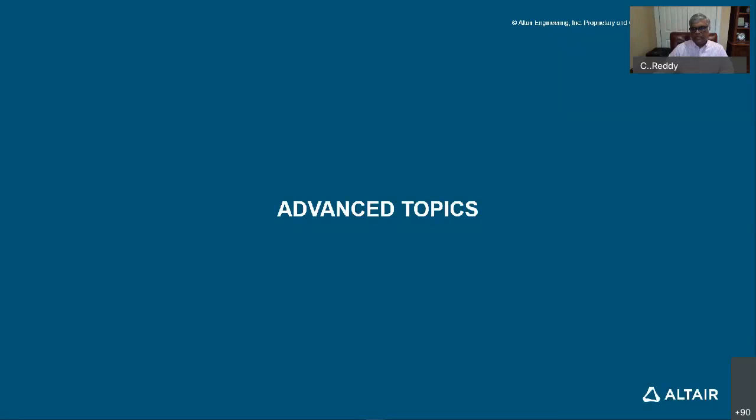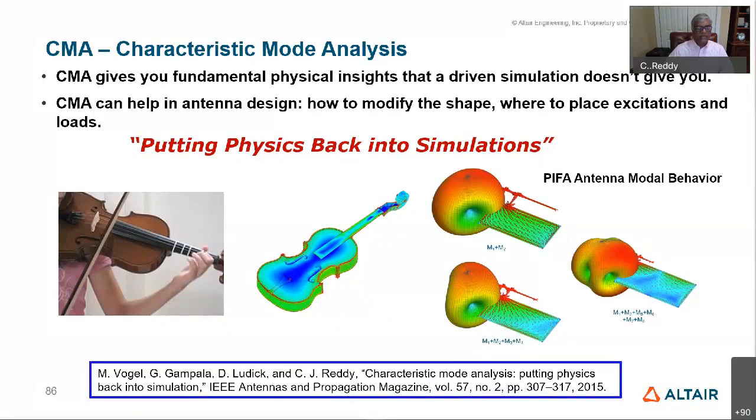A little bit more advanced topics. Again, I won't take too much time here because we're already running out of time. Characteristic mode analysis has become very, very important in antenna design nowadays. Essentially, you can use CMA to find the modes of any structure without exciting it.